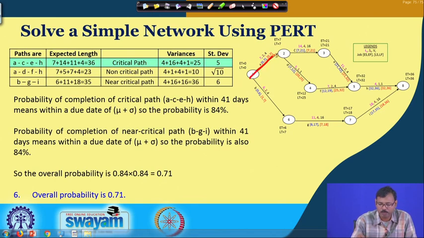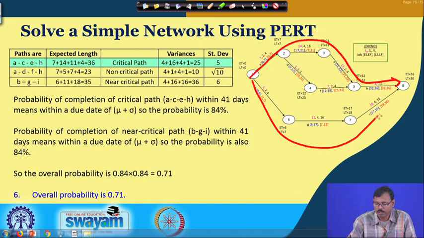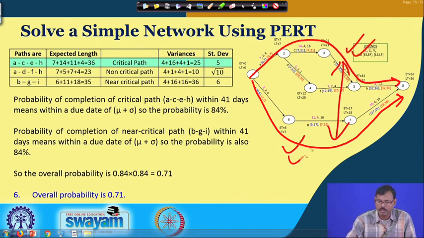But the condition here is that you can see the first path, the critical path, is this one, and the near critical path is this one. So, they are not interdependent. That is why both are independent and can be considered separately, their probabilities are considered separately and they can be multiplied.